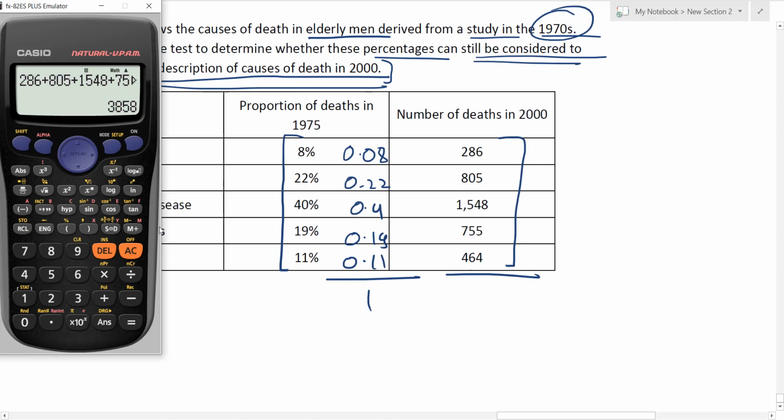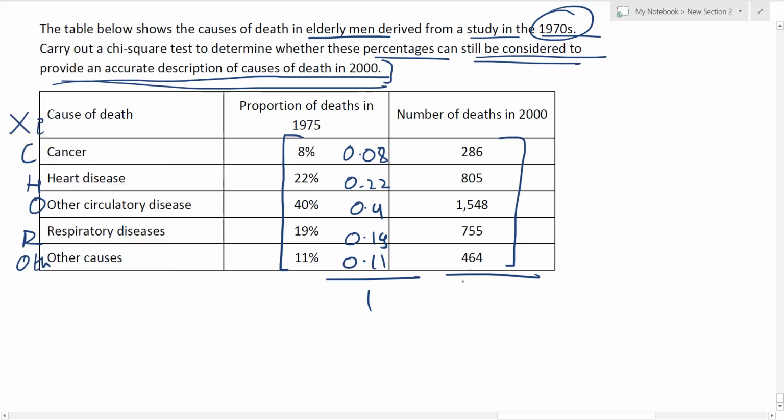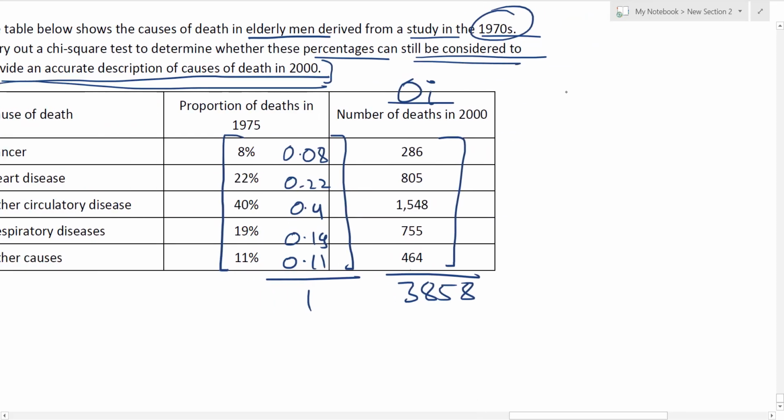This is the total number of deaths, that is 3858. So these 3858 deaths are divided in this proportion. They are asking us whether this distribution conforms to the original distribution in the 1970s. So this is your observed sample, and you have expected values, the EIs, as well.